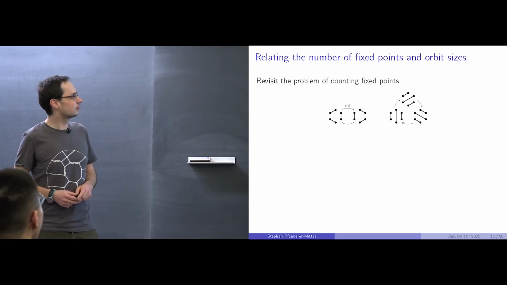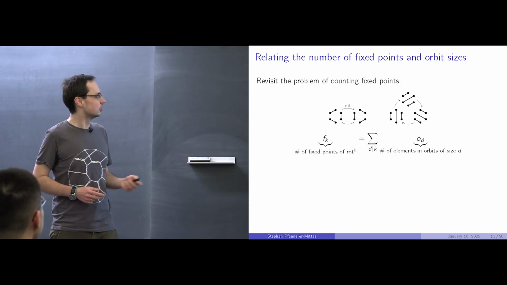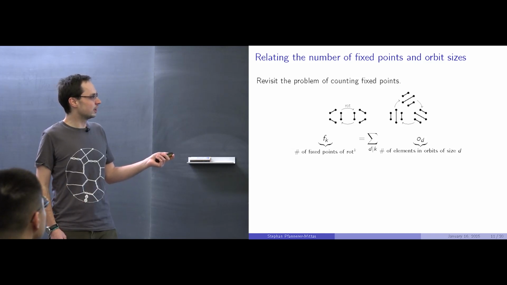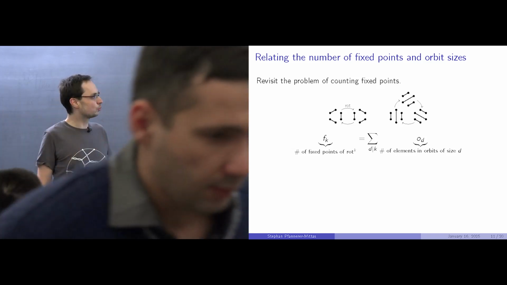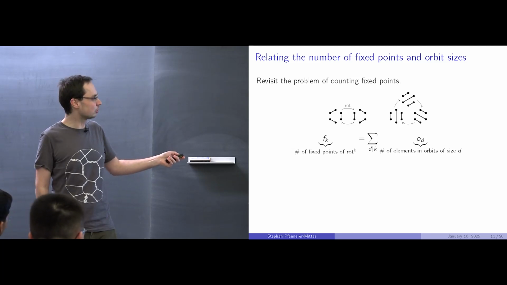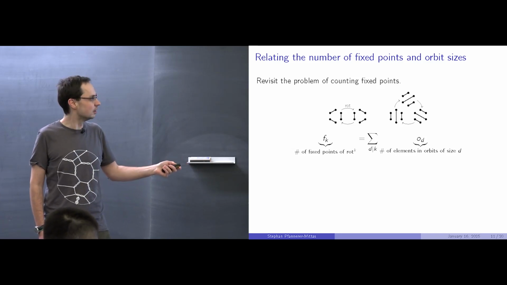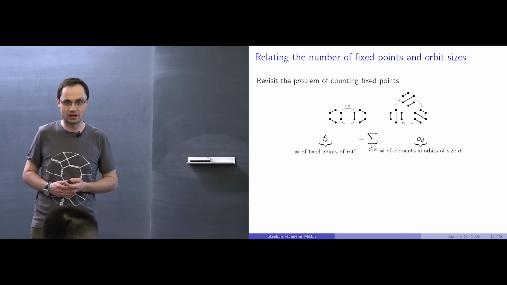Okay, let's think again about the problem of how we counted the number of fixed points. When we counted the number of fixed points of rotation, let's say rotation squared, we didn't need to encounter this orbit here because it's an orbit of size 3. This cannot give us fixed points of rotating twice, but this one here can. And in particular, we always get that the number of fixed points of rotation applied k times must be coming from all my elements of orbits of size d, where d is a divisor of k.